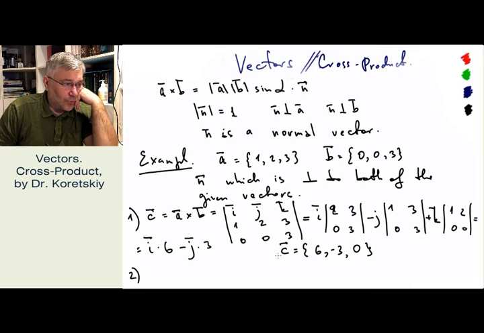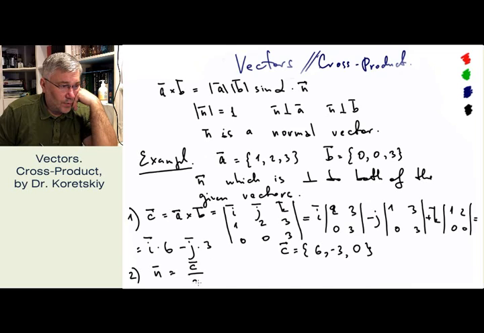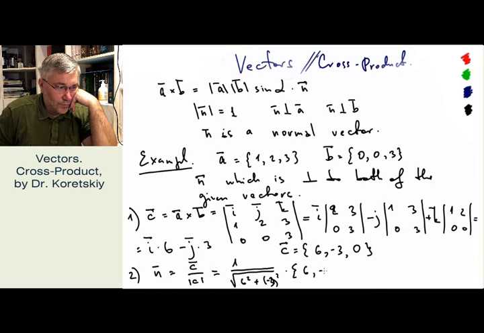Next step, we normalize this vector to make it unit, to calculate the unit vector along vector C. So I denote here n as vector C divided by the magnitude of this vector, and it gives the 1 over square root of 6 squared plus minus 3 squared times components of the vector C.